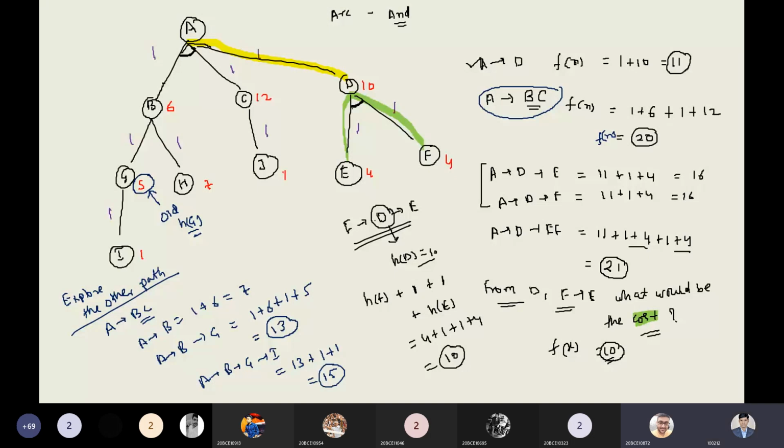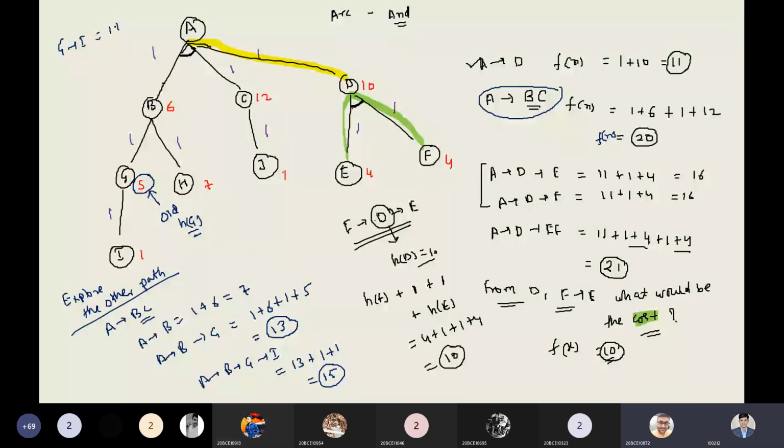here we are getting, just let me write, yeah, this one. So G to H, what is the total path from G to H? Just move to the, yeah, G to H, sorry, G to I. 1 plus 6 plus 1. Sir, G to I or G to H, sir?